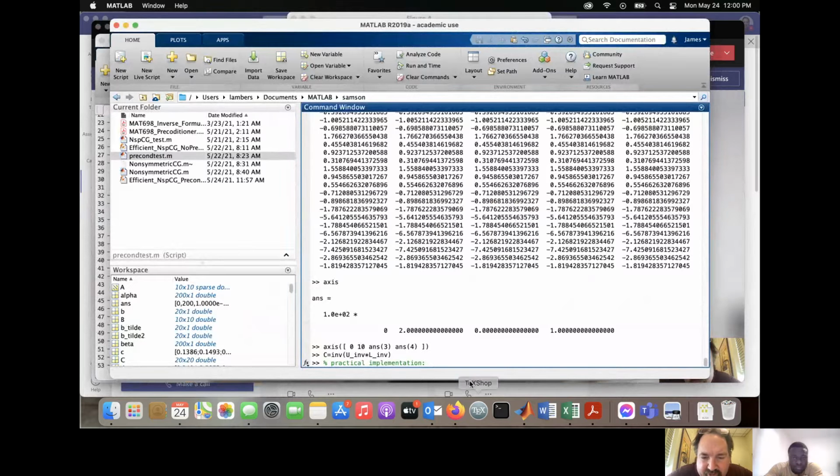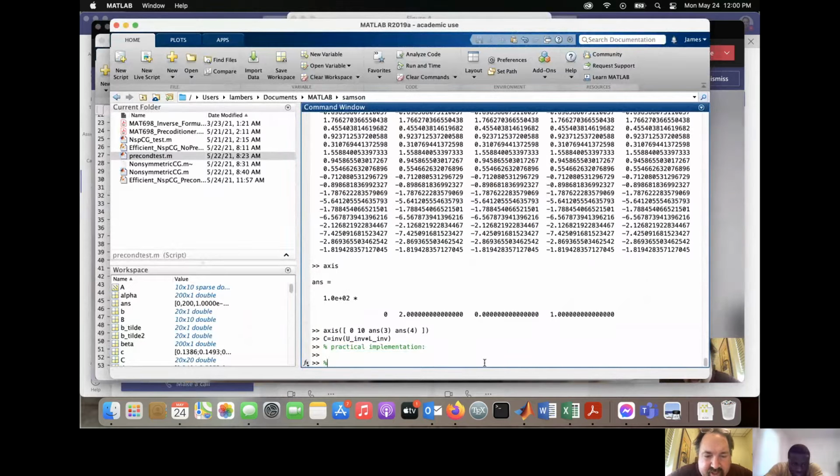So, in a practical implementation, instead of C inverse X for whatever vector X you need to use it with, that would be the same as, let's see, LUX. All right, let me make sure I have the correct order here.